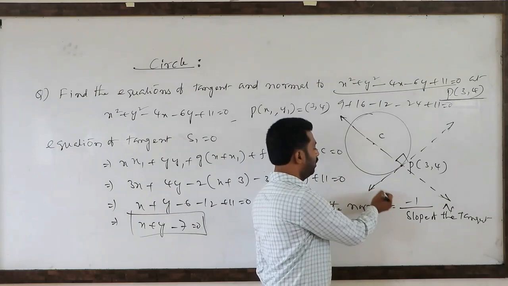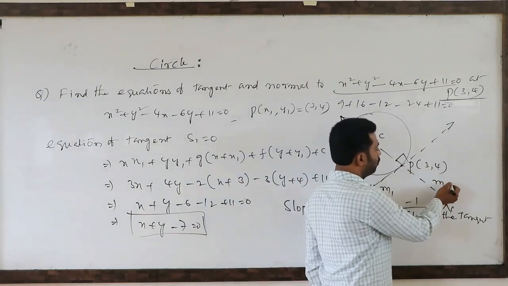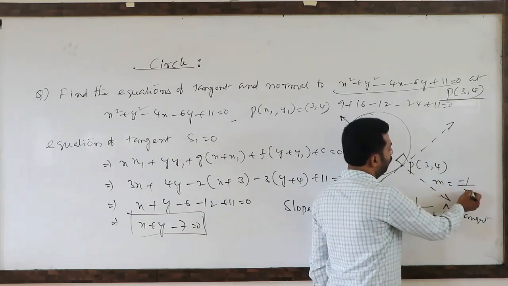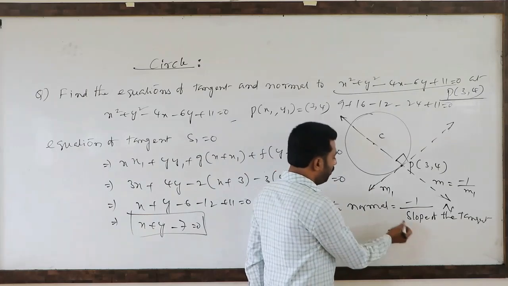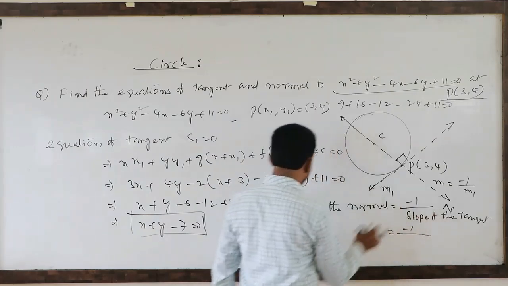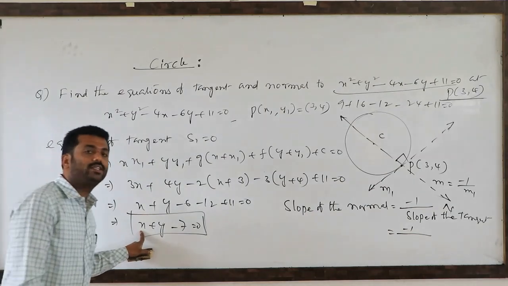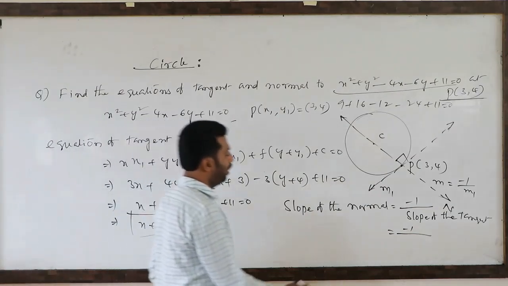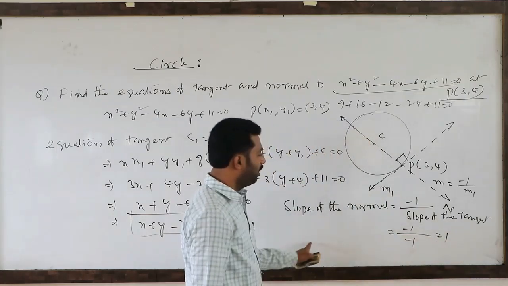You remember, suppose this line's slope is m1, then this line's slope is minus 1 divided by m1. So what is the slope of the tangent ax plus by plus c equal to 0? Minus a by b, means minus 1. So slope of the normal is 1.